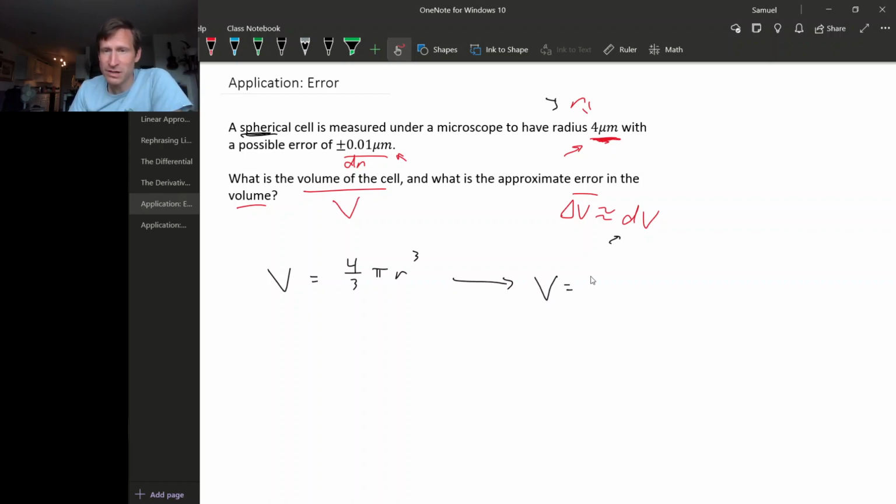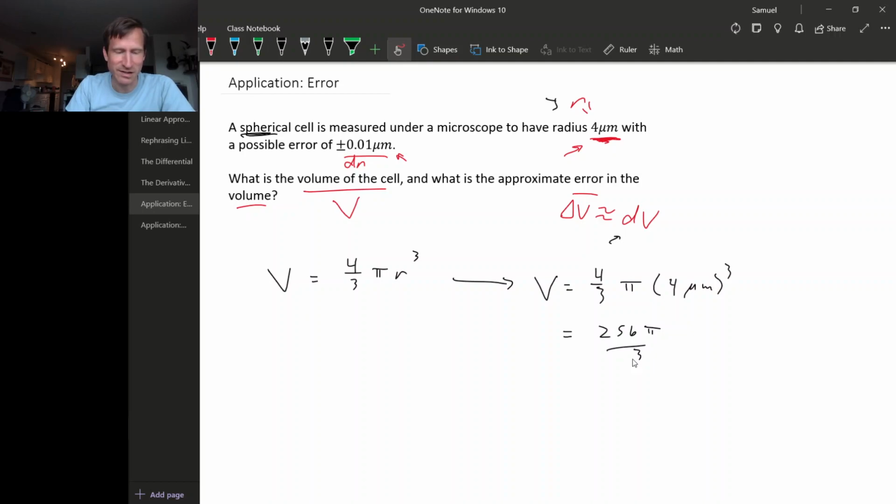Our volume is 4/3 pi, and then our radius is 4 micrometers. 4 cubed is 64, times another 4, 256. I'd better double check. So 4 to the 3rd power, 64 times 4, 256. Okay, so 256 pi over 3.